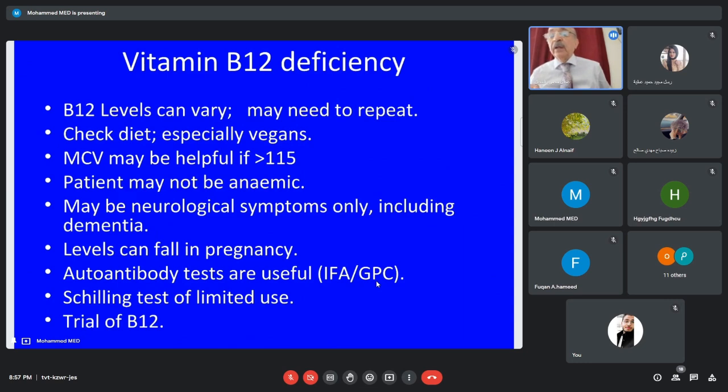Okay. Levels can fall in pregnancy, and in pregnancy not only the B12 can go low, but the hemoglobin can go low. The white cell can be low, the platelets can be low. Why? Because the volume of blood is increased. And actually, when we measure the hemoglobin, we are not measuring the absolute amount of hemoglobin in that human body.